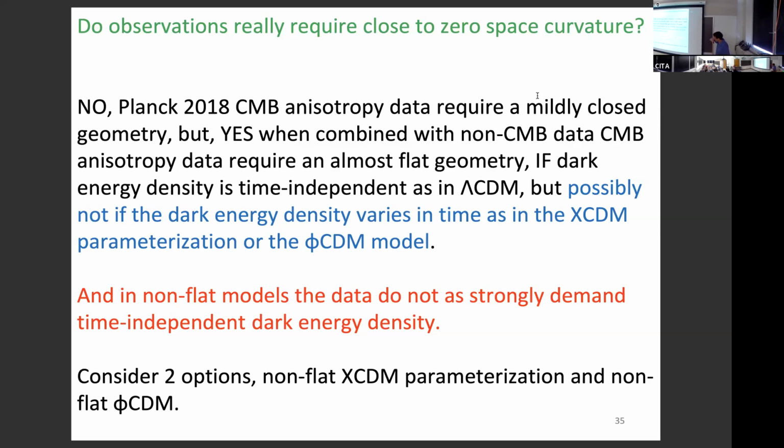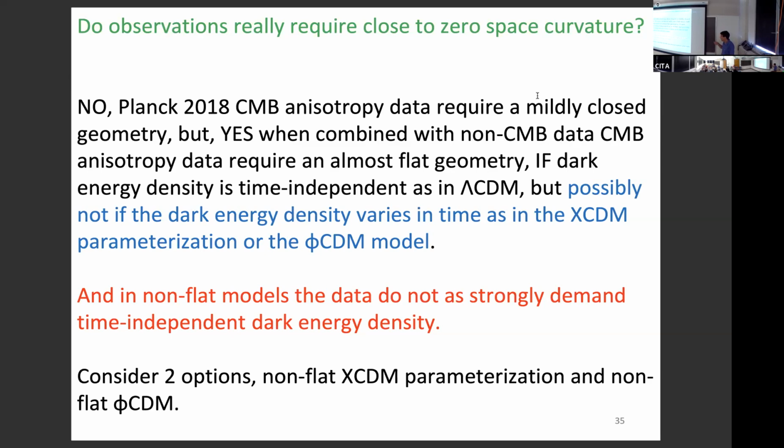If you add in CMB lensing, I think it becomes minus 0.01 at maybe 1 and 3/4 sigma. And if you combine them with non-CMB data, then you are pushed to a flat geometry.